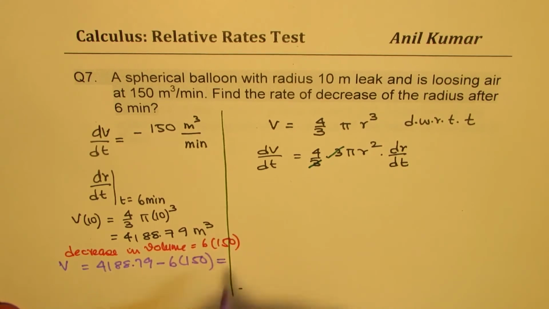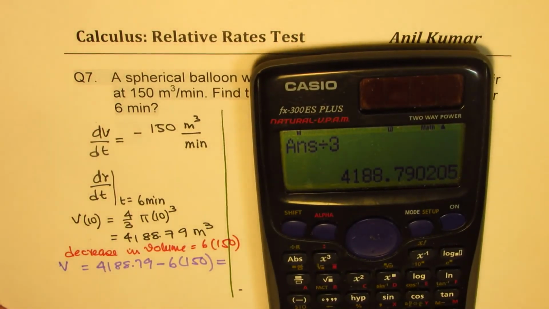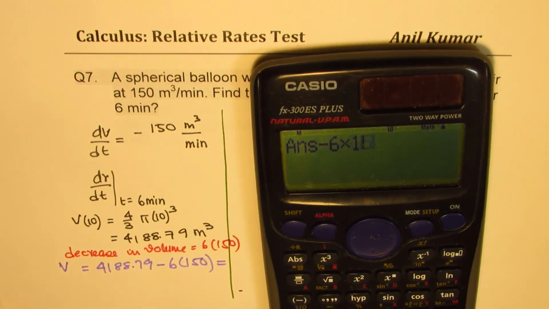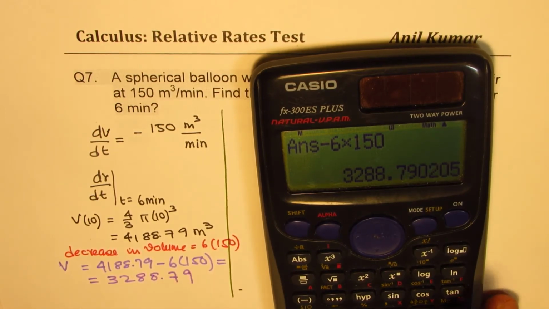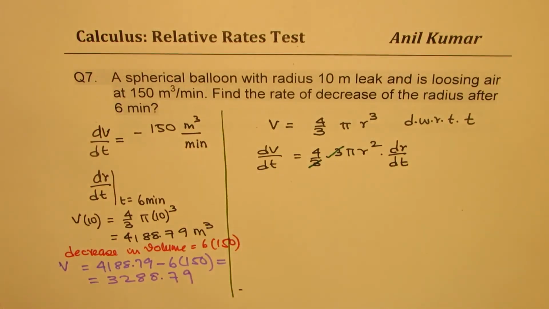That becomes the net volume at this time. We take away 6 times 150 from the number we already had, and we get 3288.79. Perfect. So that is the value of volume.